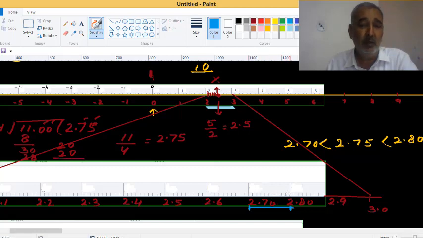If there are 10 small places here, I have to locate 2.71 here. 2.71 I am marking with some darker color. 2.71, 2, 3, 4, and this is the exact location of 2.75.